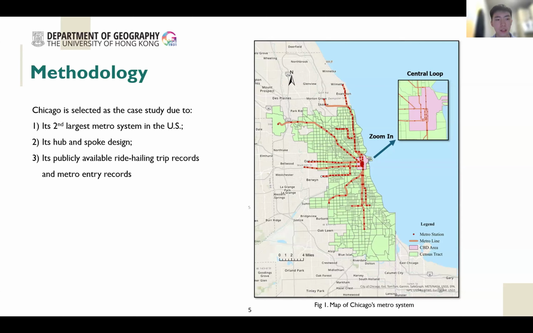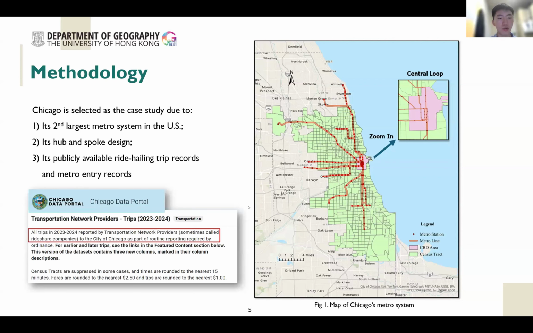And the third reason is also very important: Chicago asked all its transportation network providers, which means Uber, Lyft, and these companies, to report their ride-hailing trip records to the city of Chicago as part of their routine reporting required by the ordinance.